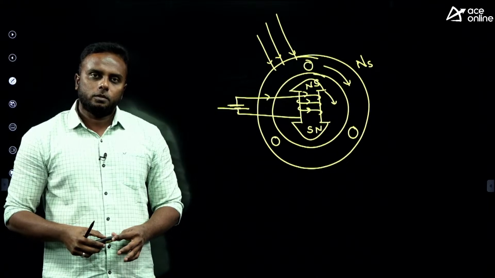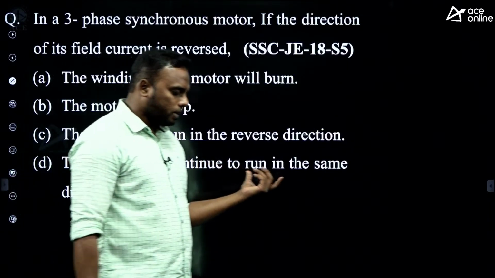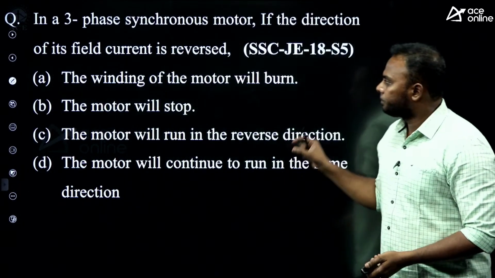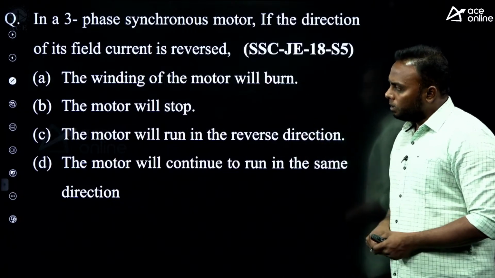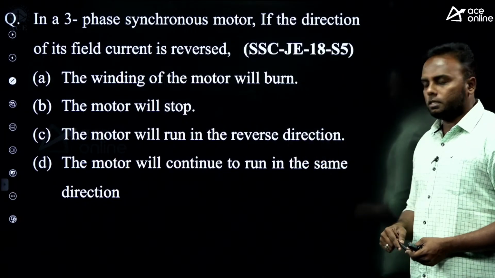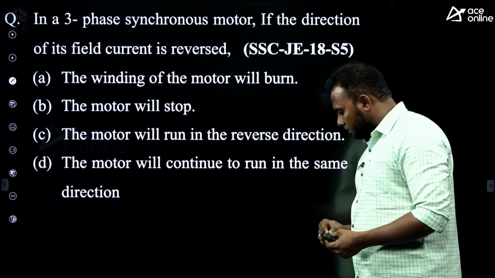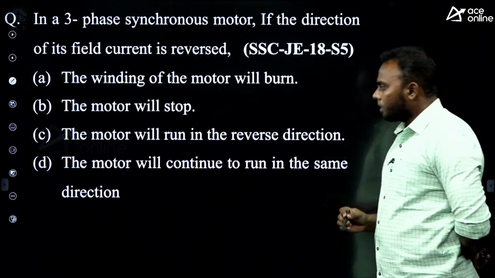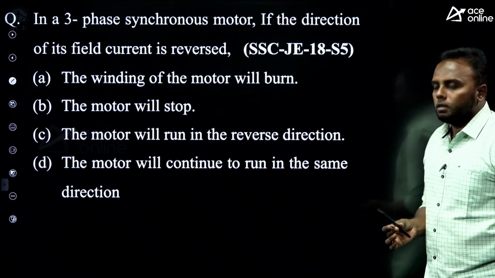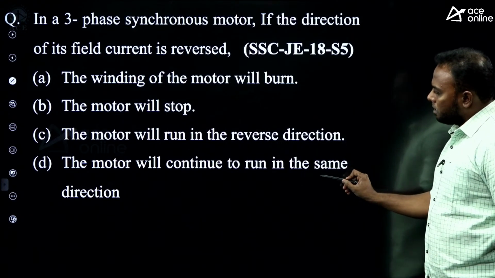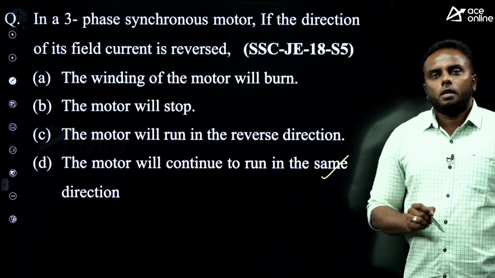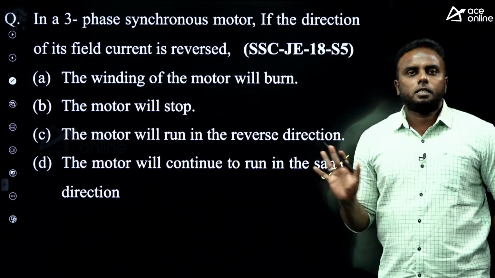From the given options, the motor will stop, or the winding of the motor will burn, or the motor will run in the reverse direction, or the motor will continue to run in the same direction. Answer? Yes, the answer is option D. It will continue to rotate in the same direction.